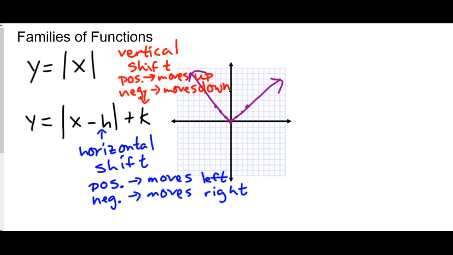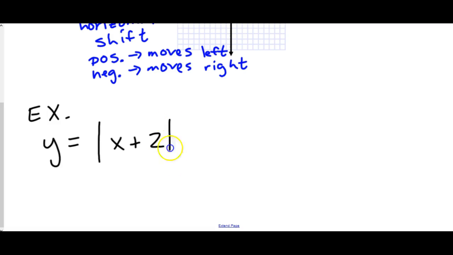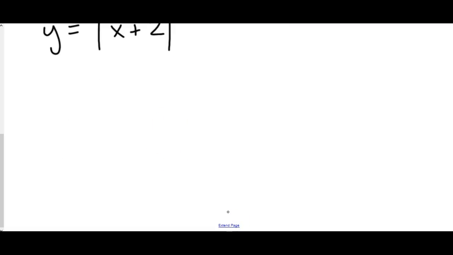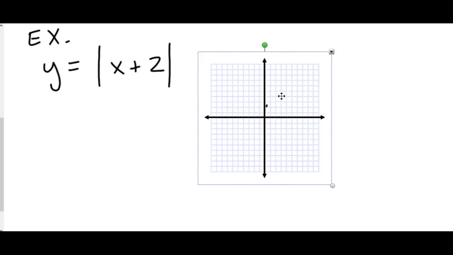So let's see an example of this. Let's say we have y equals absolute value of x plus 2. So our basic graph was that graph that was exactly in the middle.